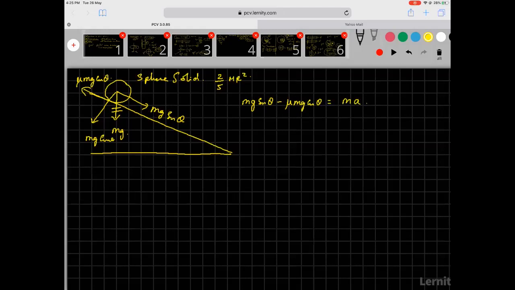But now my problem is I don't know the value for mu, even if mu is given. For rolling, different types of solids have different mu for the same surface.